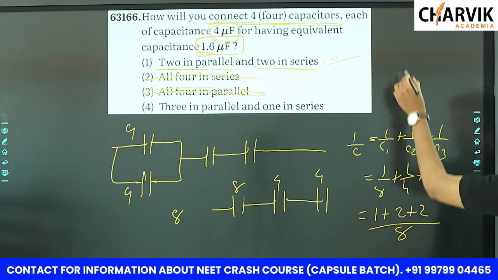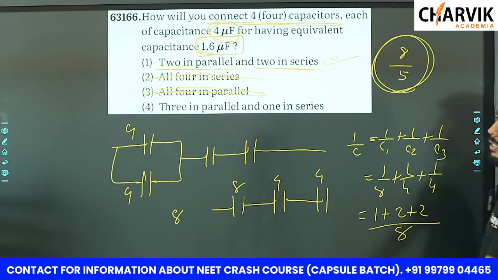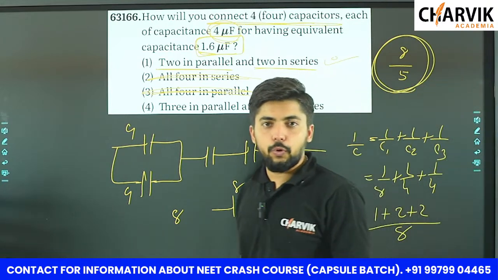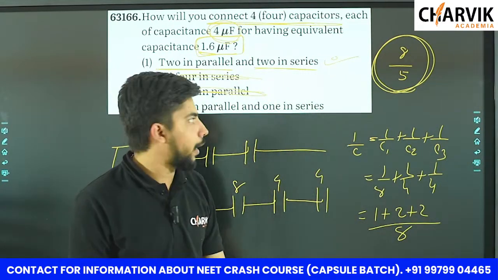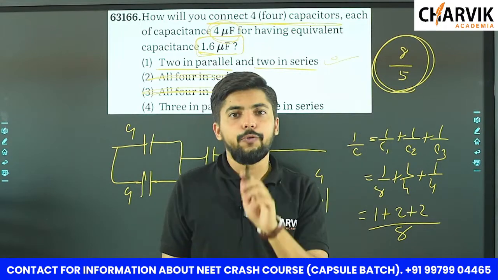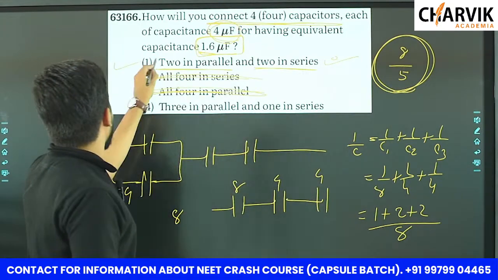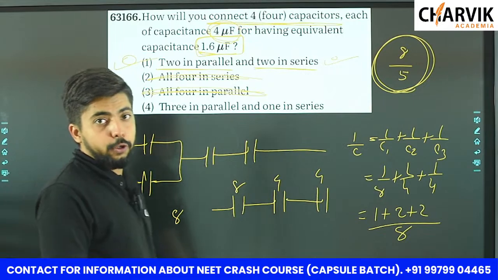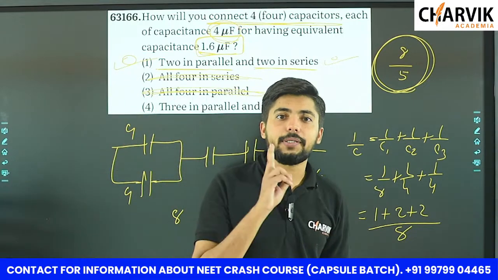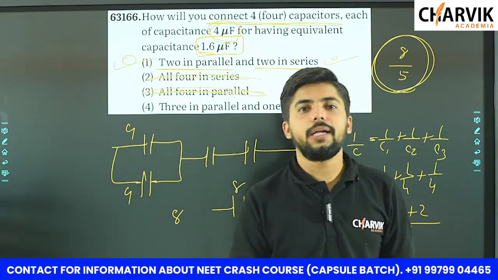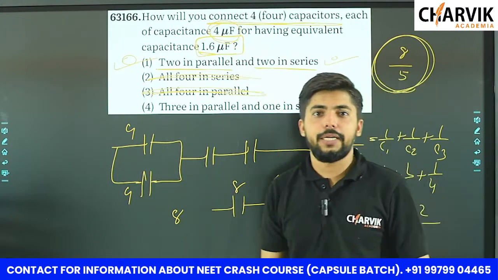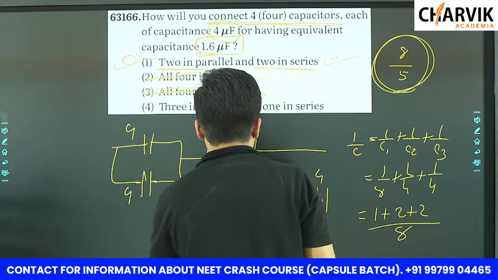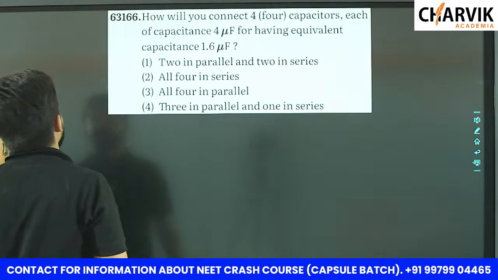By taking the reciprocal it will be 8 by 5, and as you can see, it is 1.6. If you don't know it, just do it in your calculator. 8 by 5 will be exactly 1.6. So your answer becomes the first option. If you connect two capacitors in parallel and two in series, you will get the equivalent capacitance of 1.6 microfarad. Okay, so let us move to the next question then.